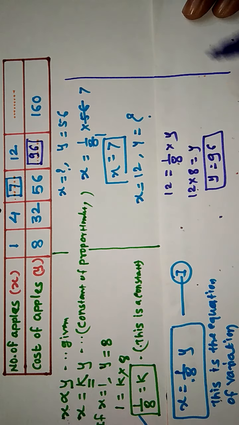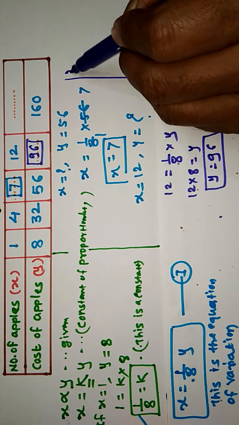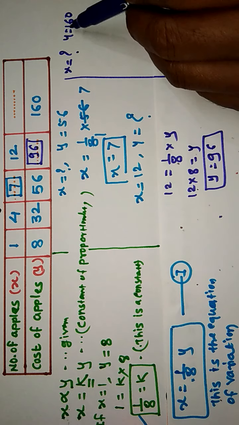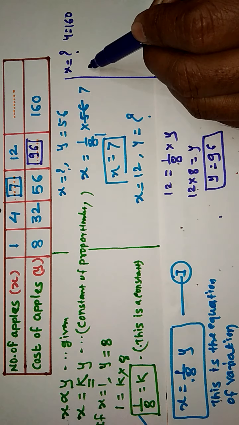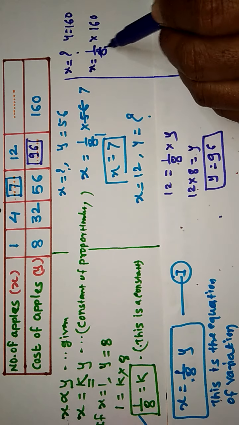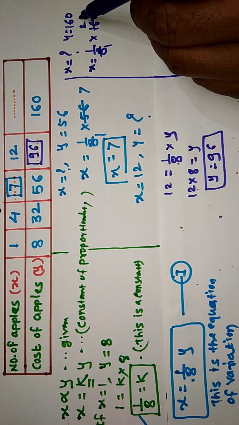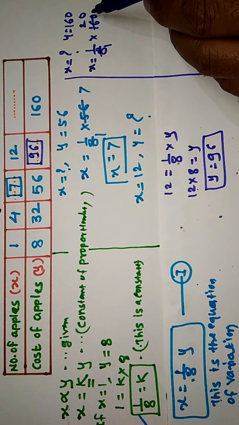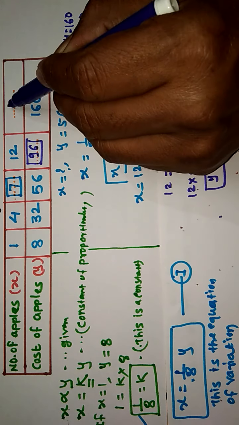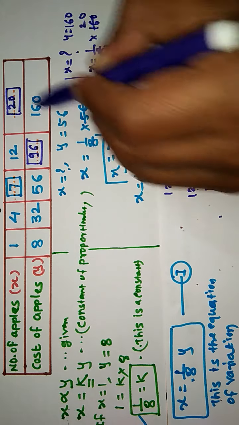Now the last example. We want to find x and y is equal to 160. Substitute this value in this equation: x is equal to 1 by 8 into 160. 8 ones are 8, 8 twos are 16, 8 zeros are 0, so x is equal to 20. Now substitute the value 20 here.